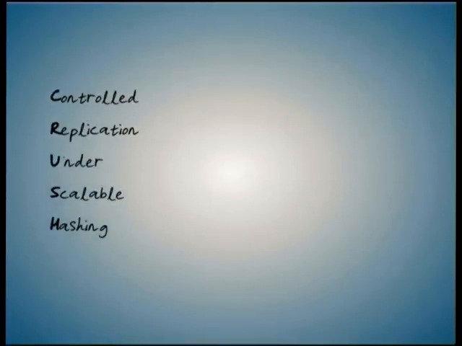Ceph implements an algorithm called CRUSH, controlled replication under scalable hashing. And the interesting thing about CRUSH is that this algorithm is known to pretty much everything that plays with the Ceph cluster. That is the components of the cluster itself, but also all of the Ceph clients are aware of this algorithm.